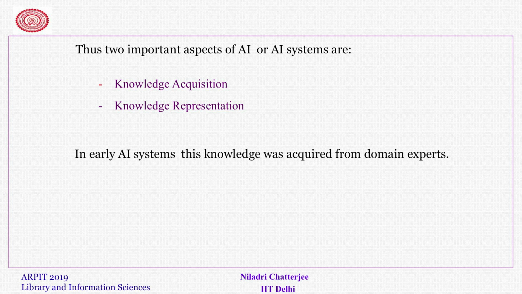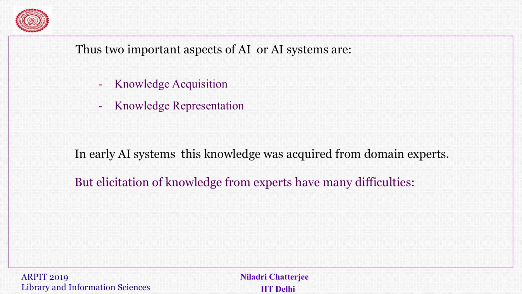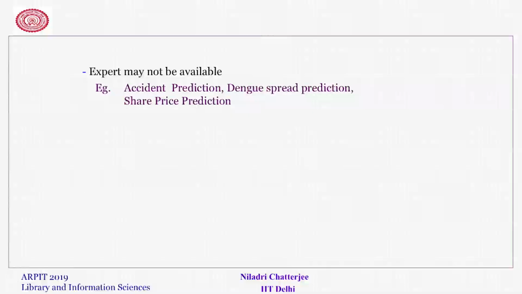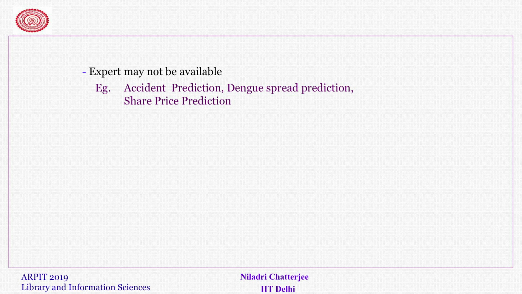Now, in early AI systems, and by early I mean the 1960s or early 1970s, the knowledge was acquired from domain experts. But elicitation of knowledge from experts has many difficulties. For example, an expert may not be available.